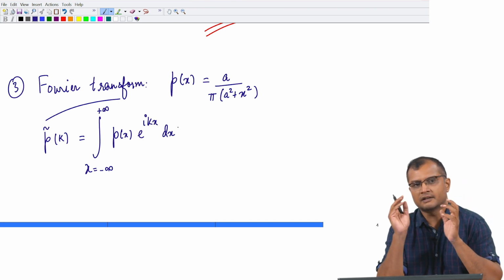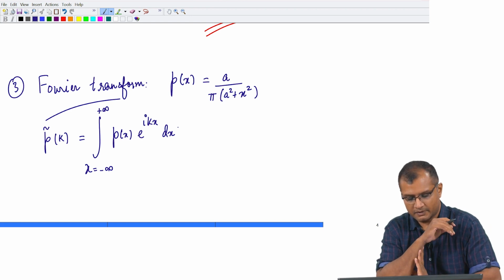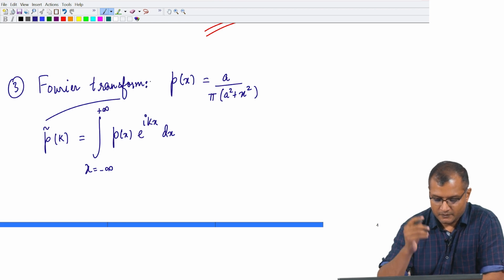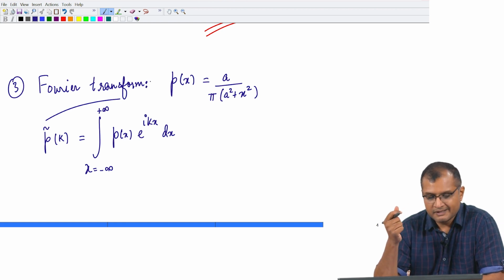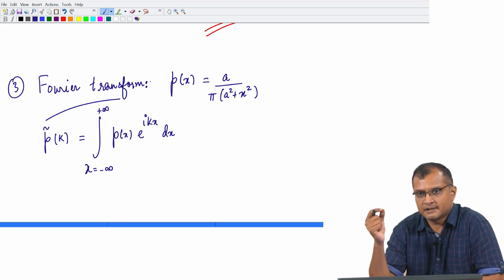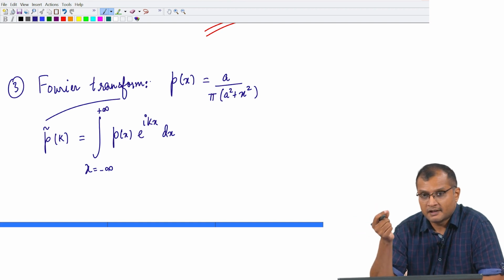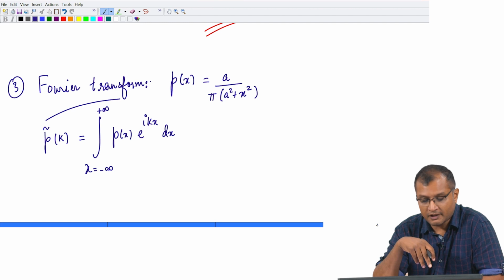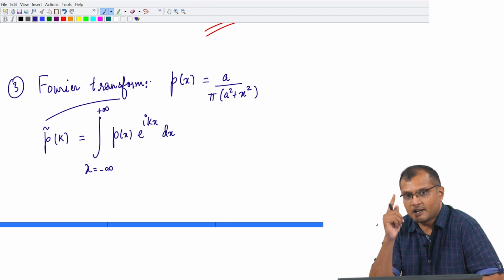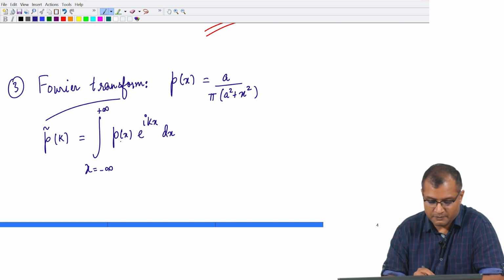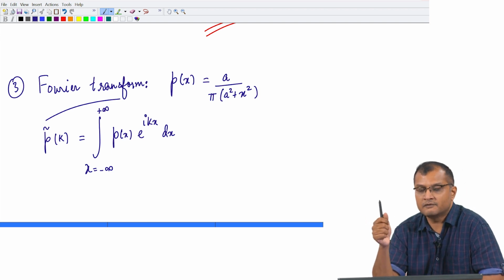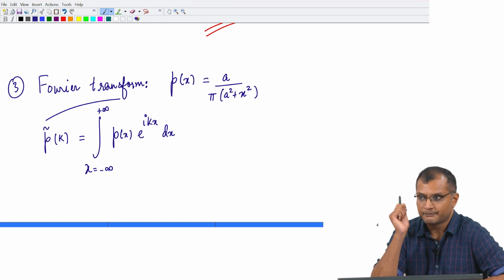Now, you must have taken some course in Fourier transform, but if you have not, then the take home message is that you have a function that is required at each point in the direct space, in this case p of x, and the Fourier transform will then give me the function in the Fourier space at one value of k. So, if you can see, a function p of x is taken at all values of x from minus infinity to plus infinity to generate one value of the Fourier amplitude at mode k.